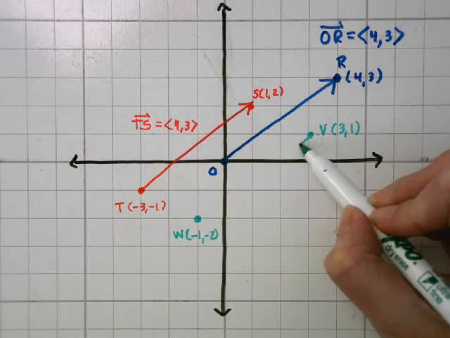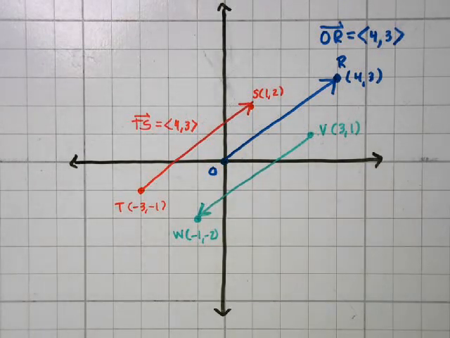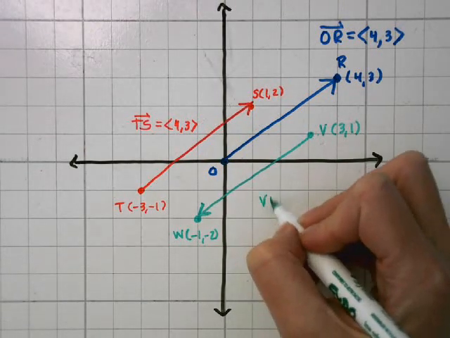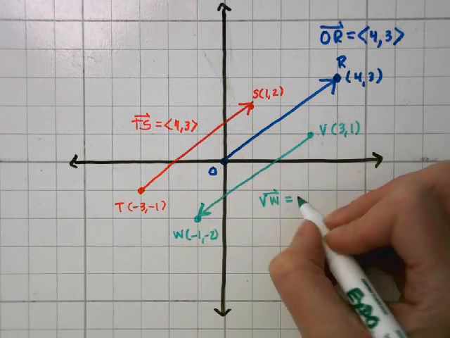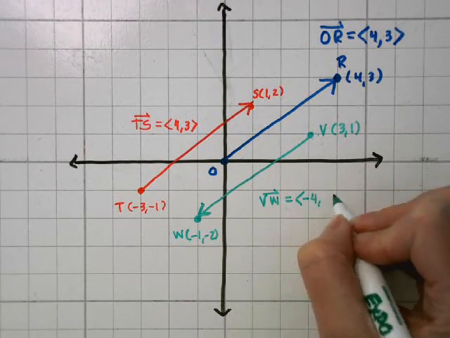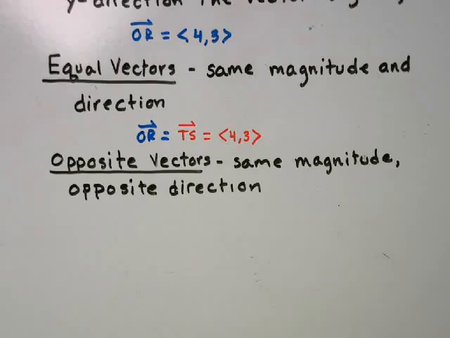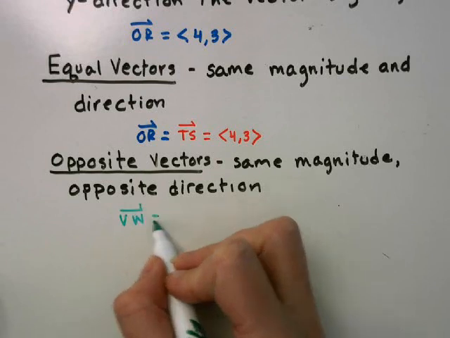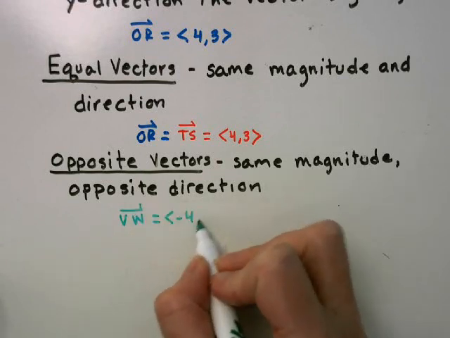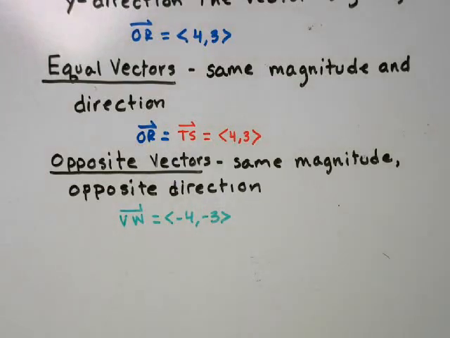And I'm going to draw the vector going from V to W. So vector VW is going back 4 and down 3. So its ordered pair representation is going to be -4, -3. So VW was -4, -3, which makes it opposite both of those vectors.